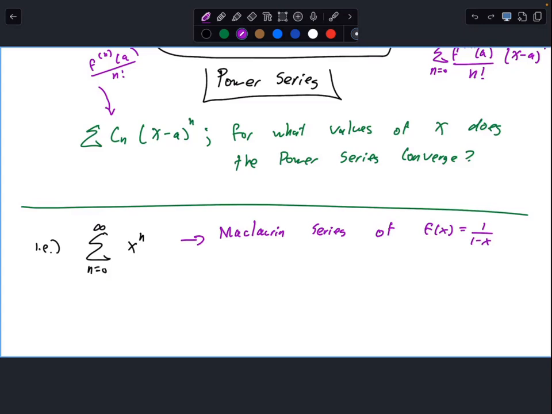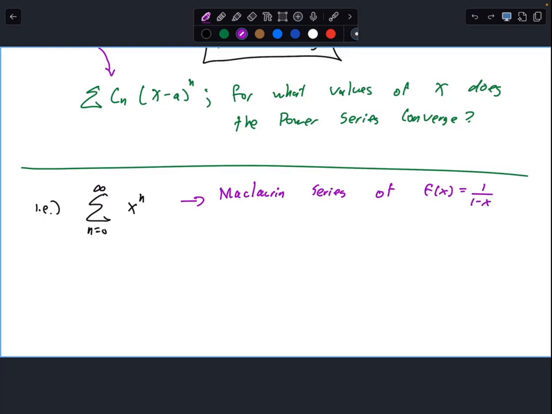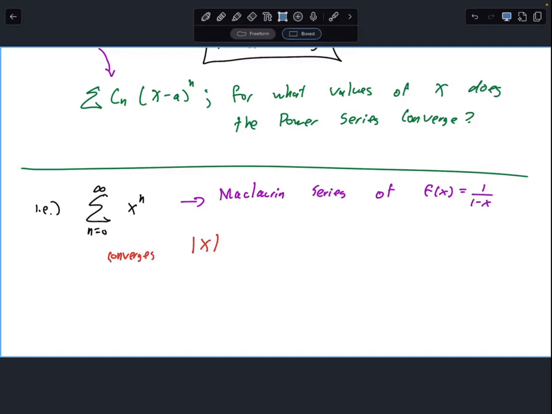And we know that this series converges for the absolute value of x being less than 1.